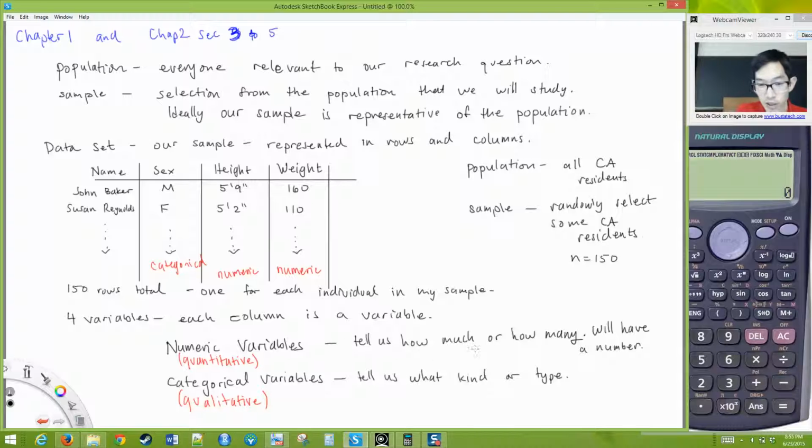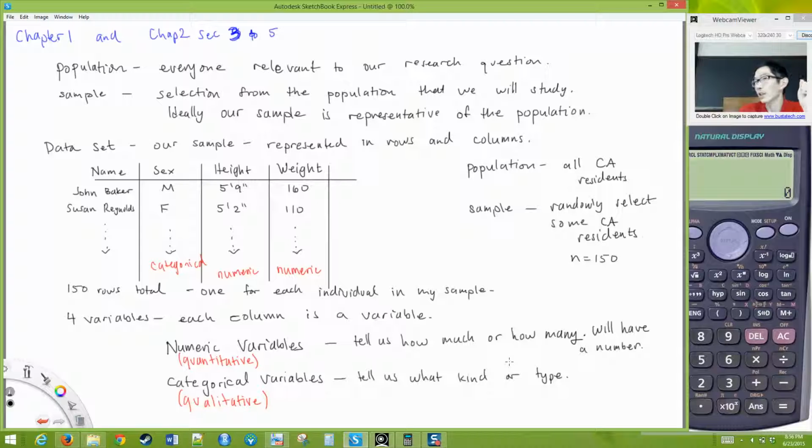Does it tell us how much or how many, or does it tell us what kind or what type? Okay, it doesn't tell us how much or how many. It tells you a type, or a kind. So area code would be categorical. It tells you the category or type of area code that your phone is listed in.